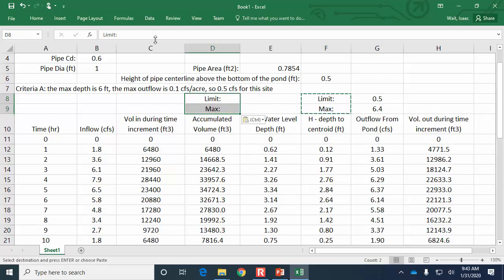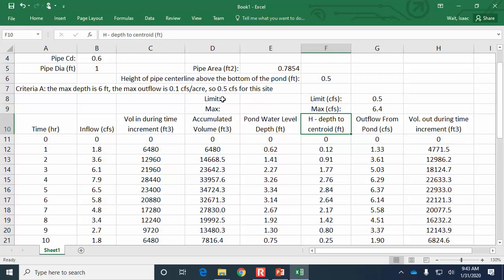And then our depth limit. Just to clarify, this first limit has units of CFS. That's our outflow limit, and our current maximum that we see during the storm event. And then the allowable limit of the depth of the pond and the maximum that we currently see in our design.